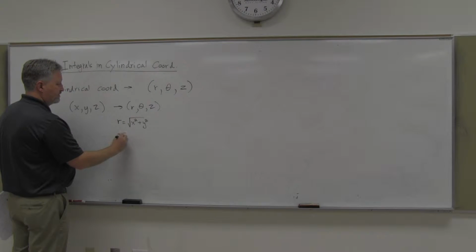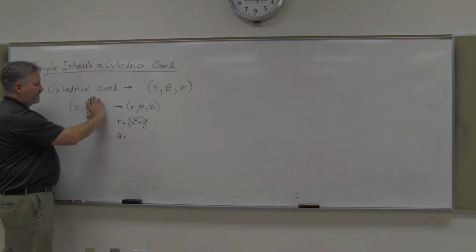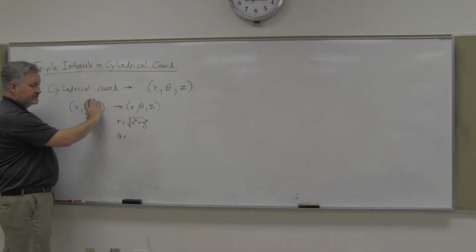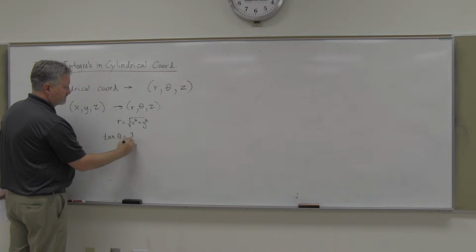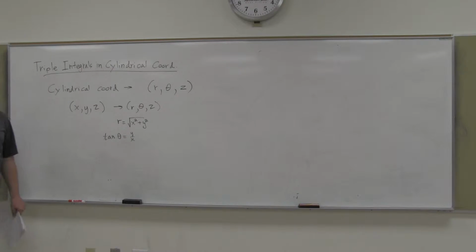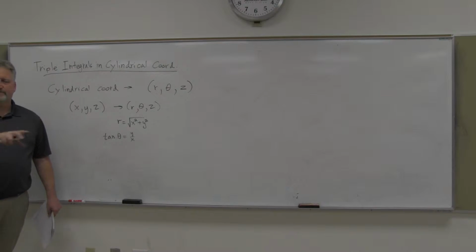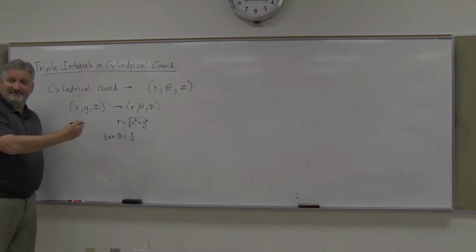And theta, we use the tangent inverse. Usually they write it as tangent of theta equals y over x, because sometimes the tangent inverse gives you a reference angle, and you have to add 180 degrees or pi to that.